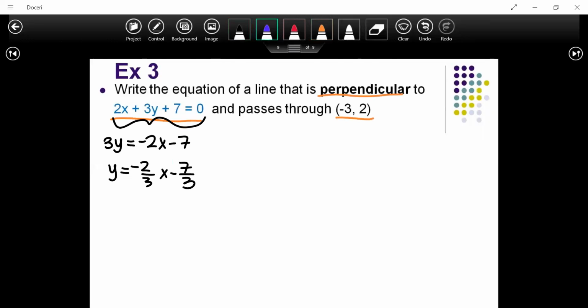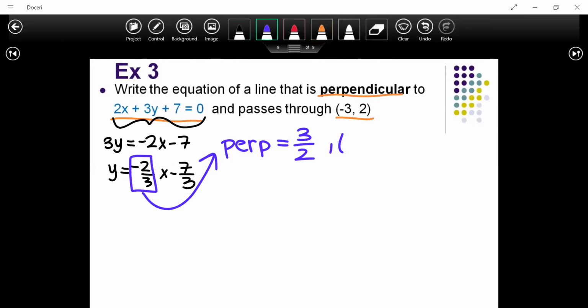Now, I want to look at my slope here. What would be perpendicular to the slope? Opposite reciprocal. So opposite to negative is positive, and then flipped. So perpendicular slope to that would be 3 over 2.